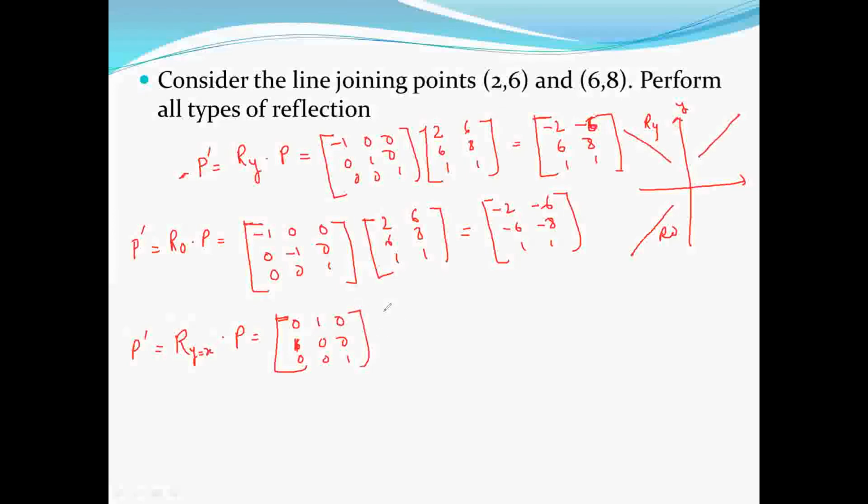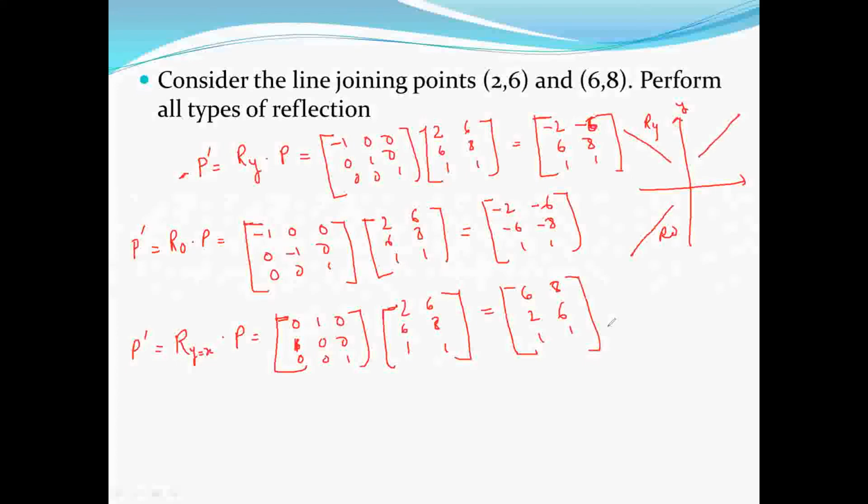Okay. And the point set is 2, 6, 1, 6, 8, 1. And if you multiply it, you can see that 0 into 2, 1 into 6, 0 into 1. So 6 will be over here, 8 will be over here, 2 will come over here, 6 will come over here, and this is 1, 1.